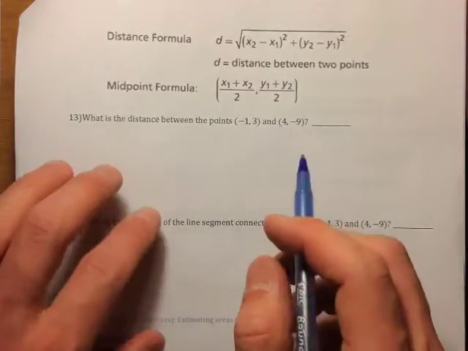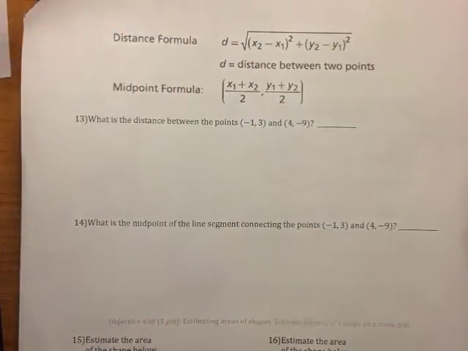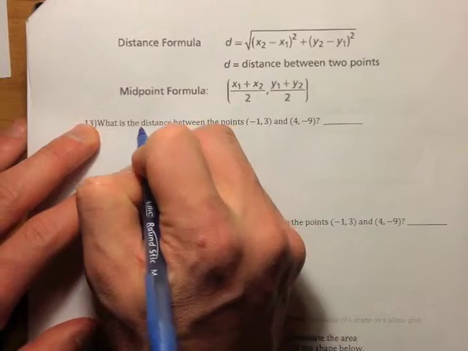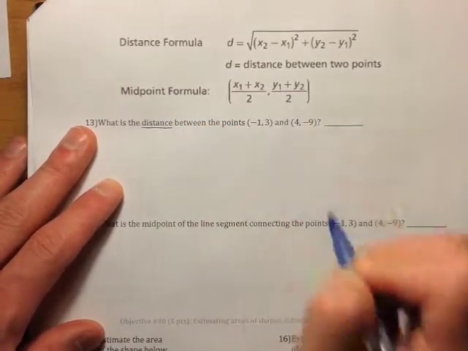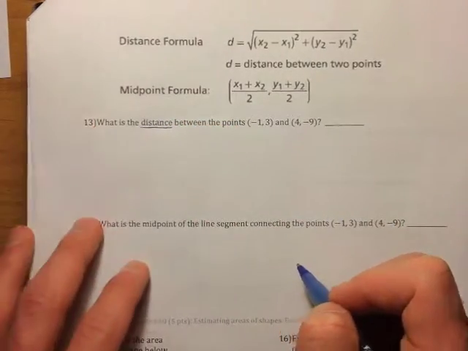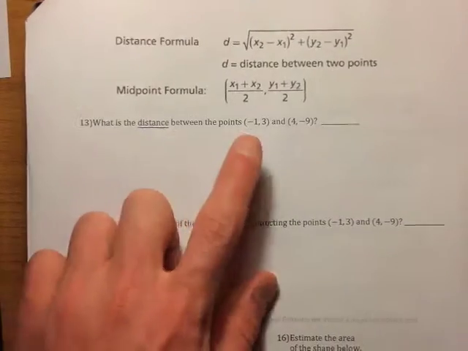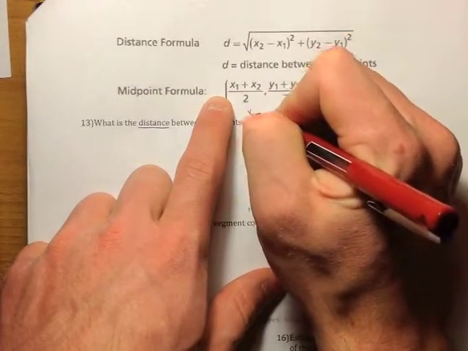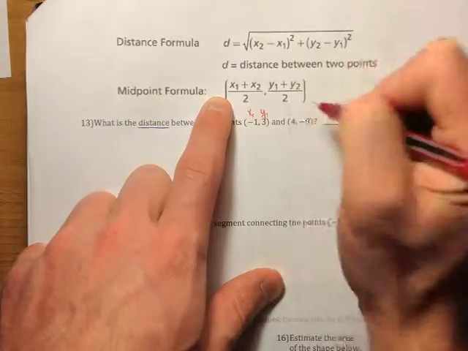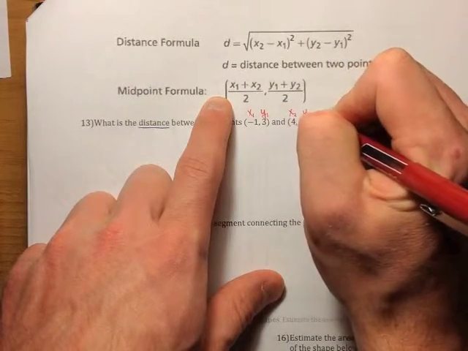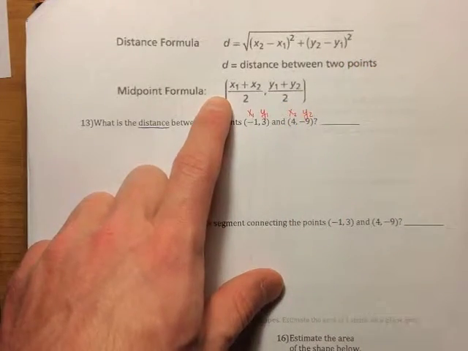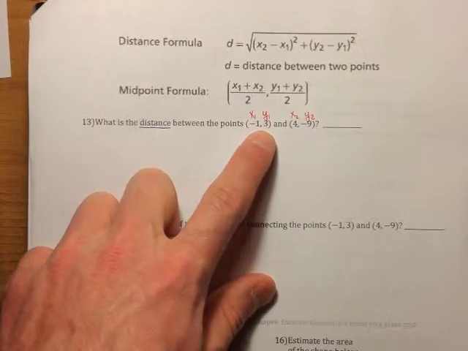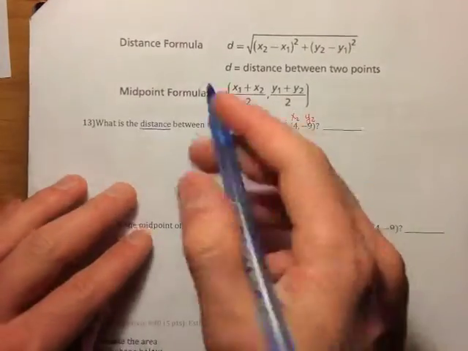So, for example, in number 13, lost control of my pen, we're asked to find the distance between these 2 points. So let's first of all identify x1 and y1, x2 and y2, right? Those are the coordinates. And then just stick them into the formula.